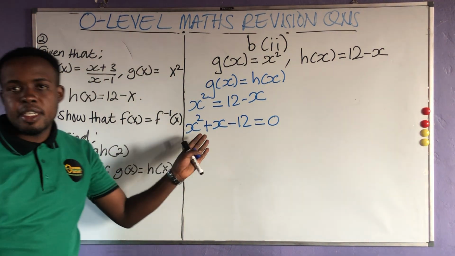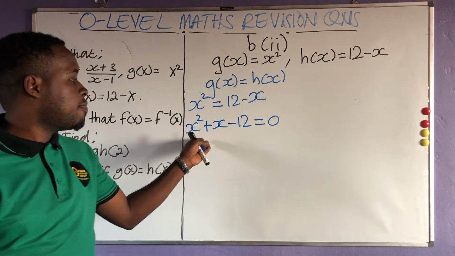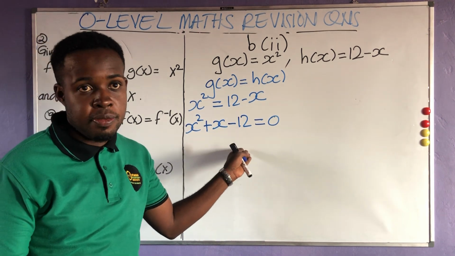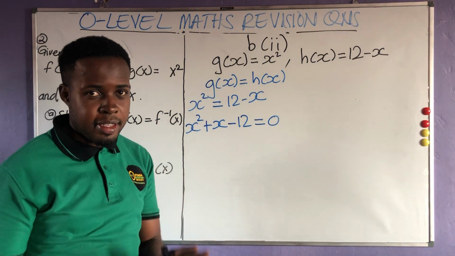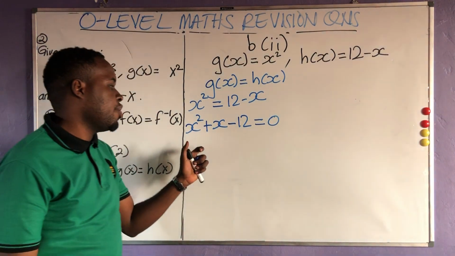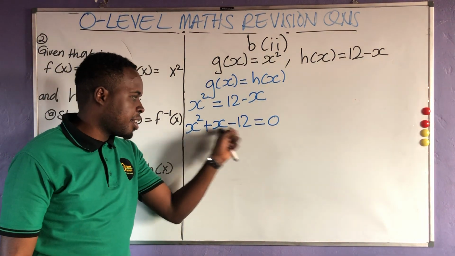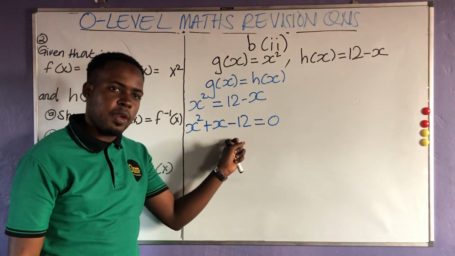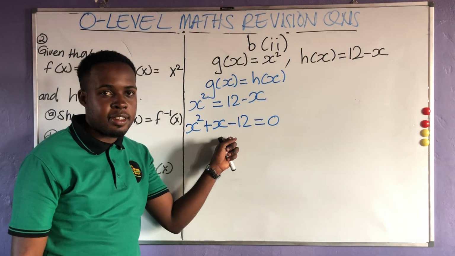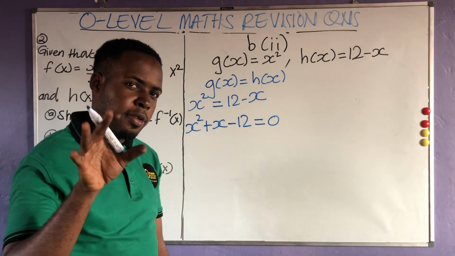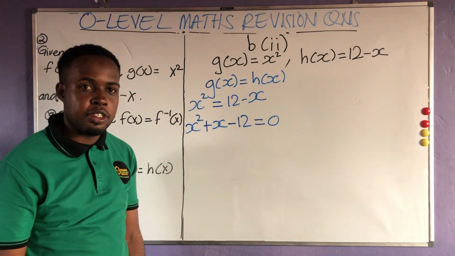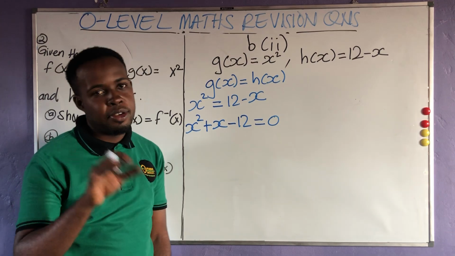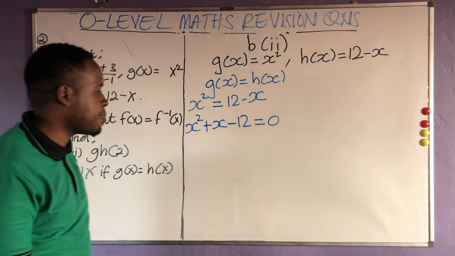So friends, what you can see here, we are ending up with a quadratic equation, which you can solve using any of the methods which you know. We can use the factorization method, we can complete squares, or we can use the formula method. Check on our videos to see how we can solve quadratic equations on TikTok, on YouTube, and Instagram.